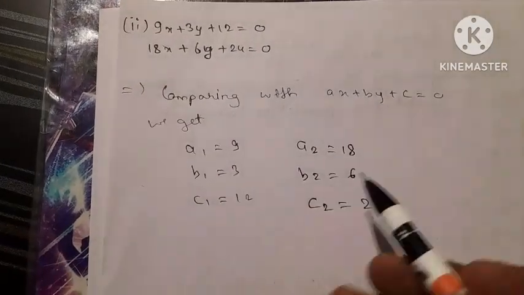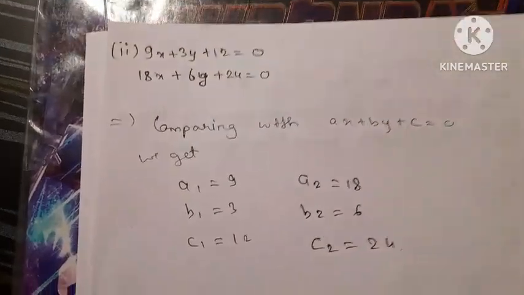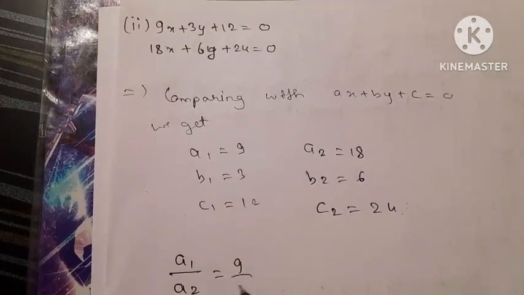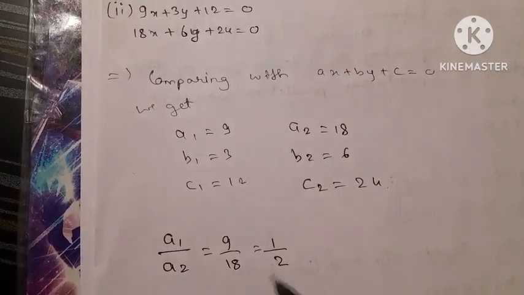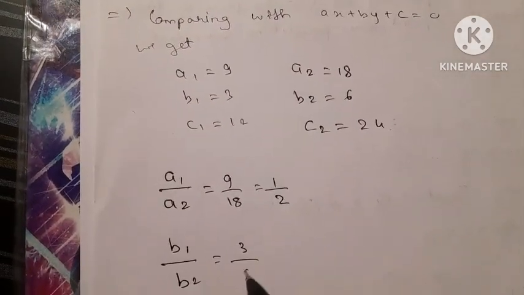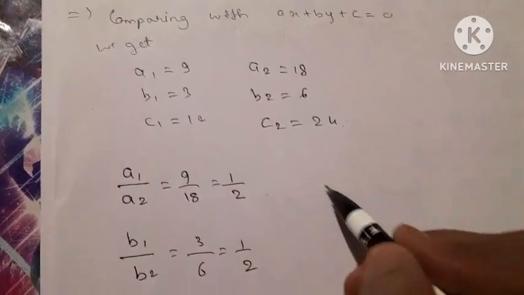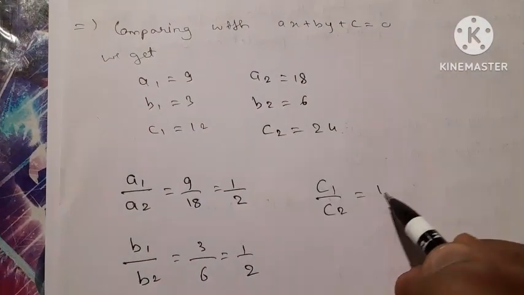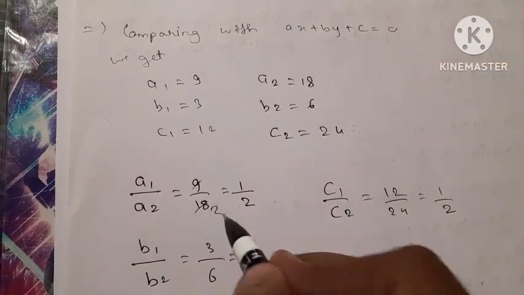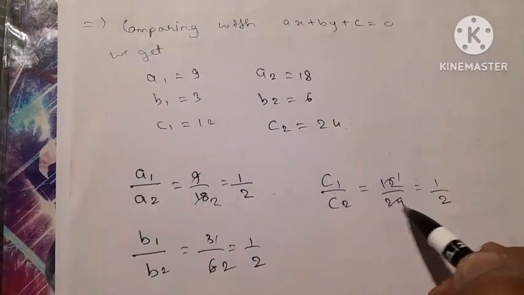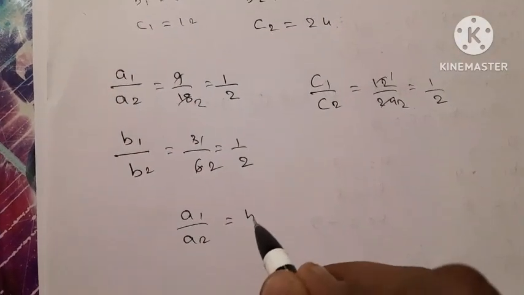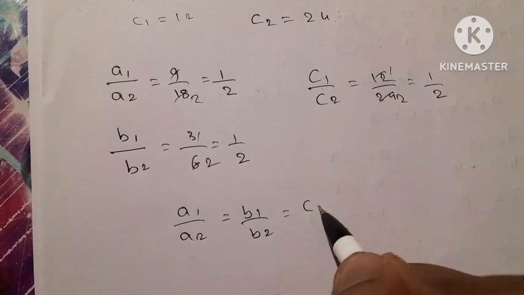Once we get a1 b1 c1 and a2 b2 c2, we can write a1 by a2 is equal to 9 by 18 is equal to 1 by 2, b1 by b2 is equal to 3 by 6 equal to 1 by 2. Similarly, c1 by c2 is equal to 12 by 24 equal to 1 by 2. So we can say that a1 by a2 is equal to b1 by b2 is equal to c1 by c2.